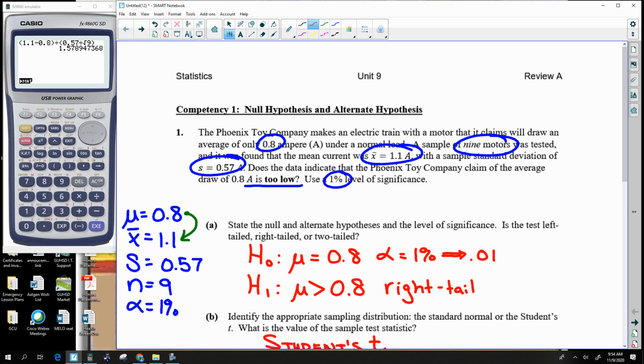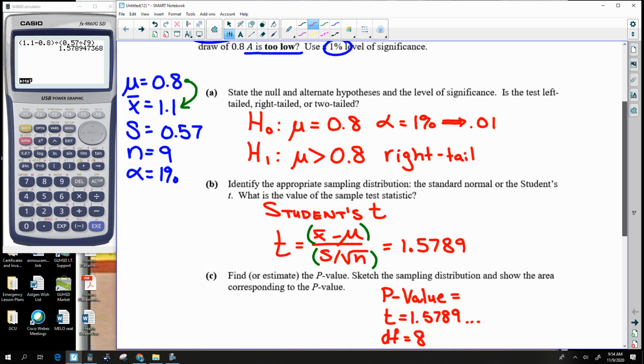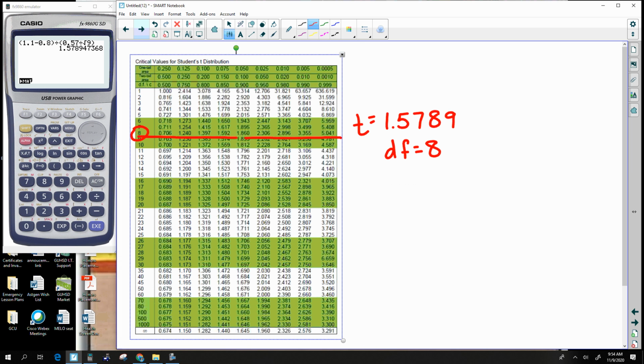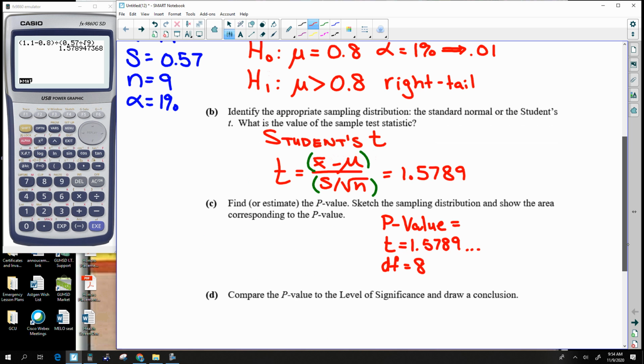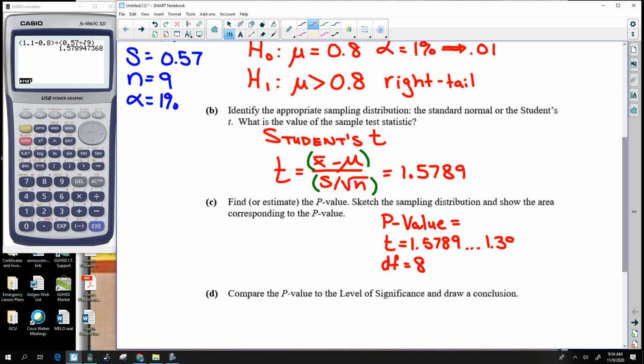1.5789, I don't think the last digits really make a difference. 1.57 is going to fall right there before the 1.59, so it's in between 1.397 and 1.592.